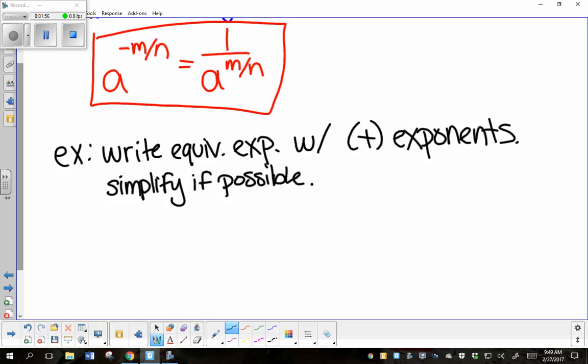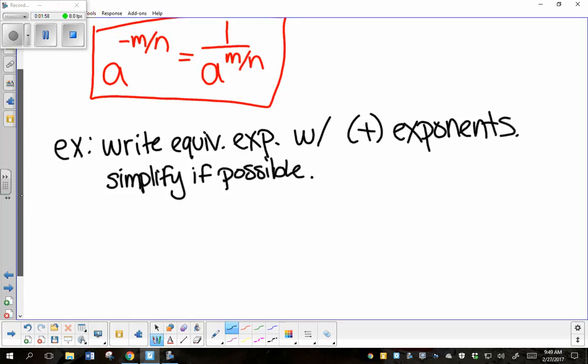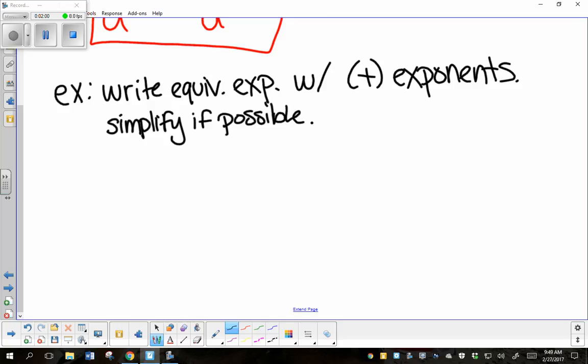And then we're going to do 5 examples. That's a 9, sorry, there's a little tail on it. 9 to the negative 1 half.